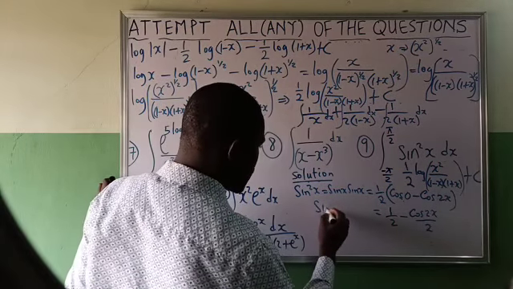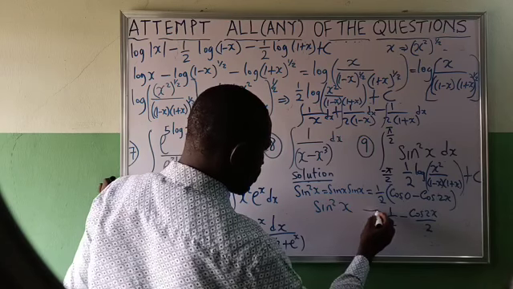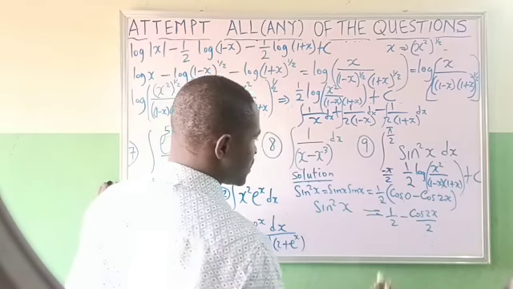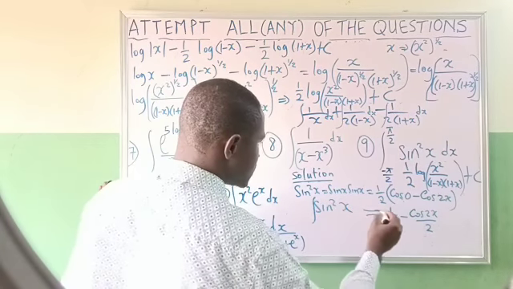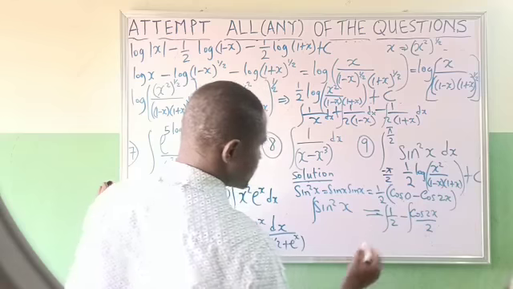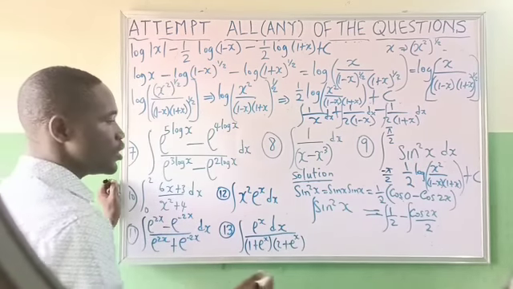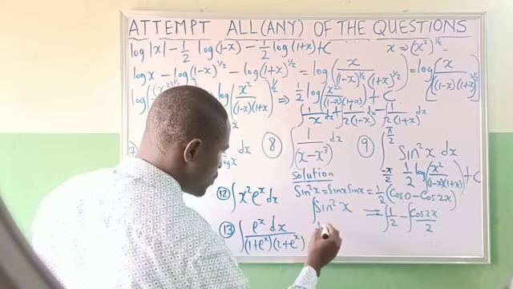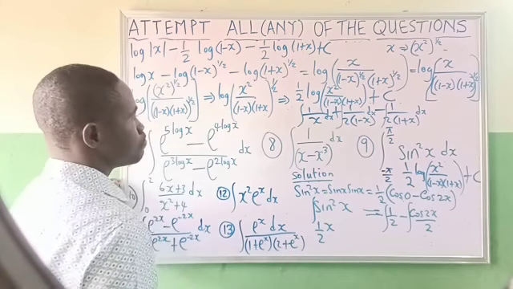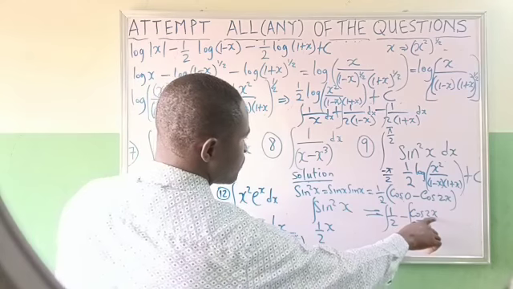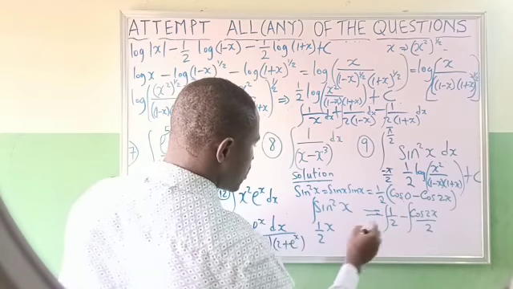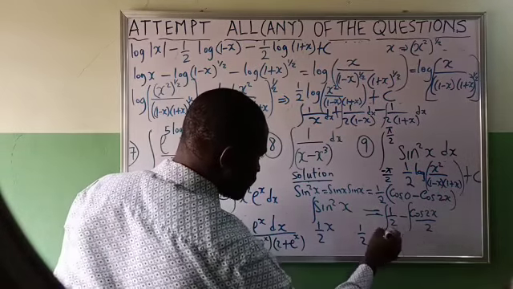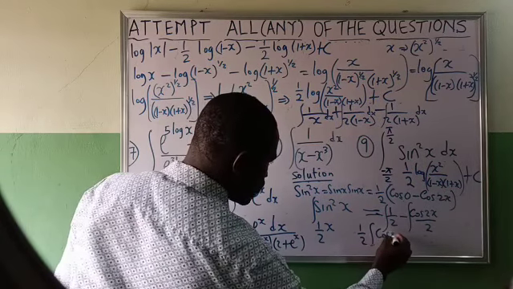So sine squared x is equal to what? This. That means we are to integrate. Integrating this means integrate this and integrate this. Integration of 1 over 2 means 1 over 2x. Then integration of this means bring that 1 over 2, which you have, integrate cos 2x.